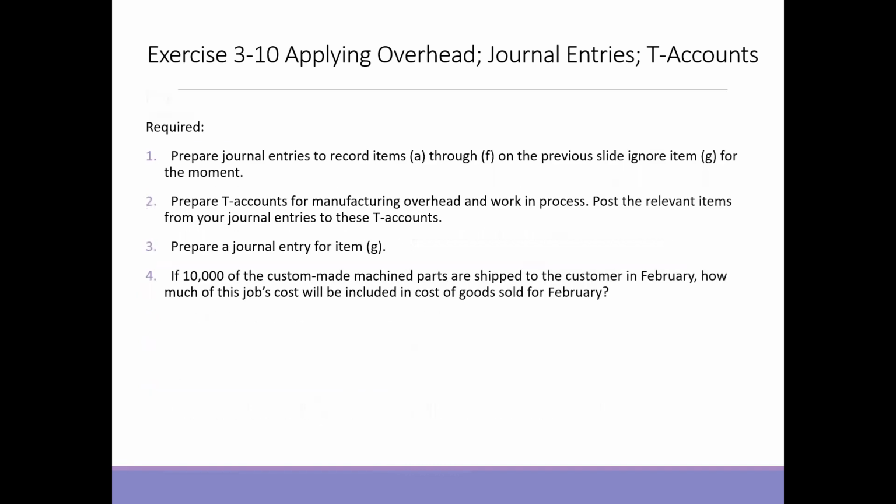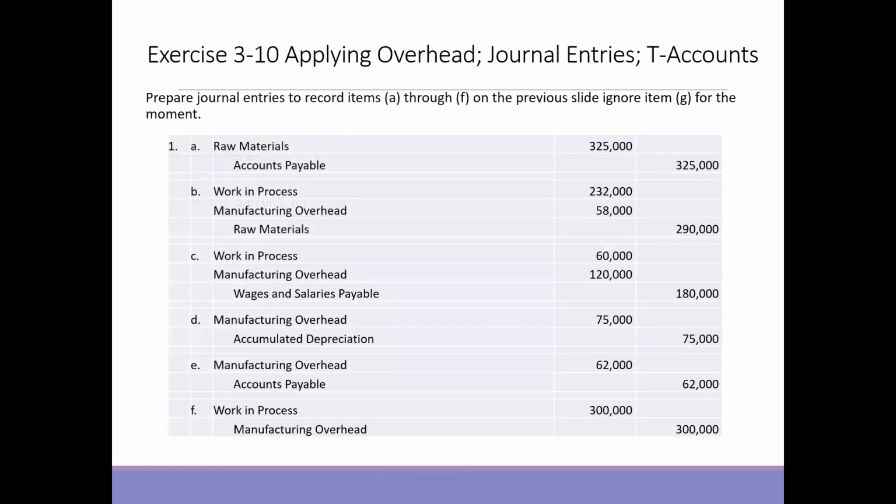So here we've got raw materials and accounts payable, 325,000. The next work in process is for the direct. The indirect goes into manufacturing overhead of 58,000. So work in process is 232,000, manufacturing overhead of 58,000.